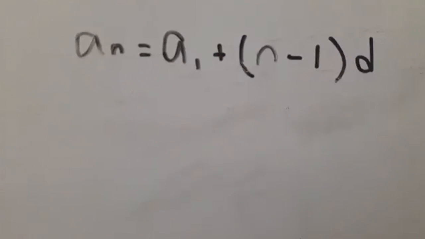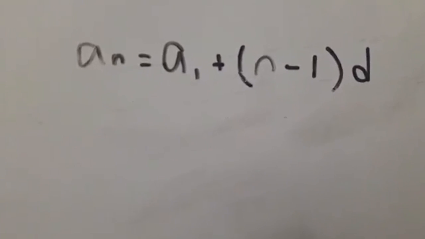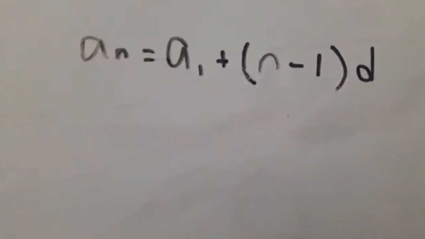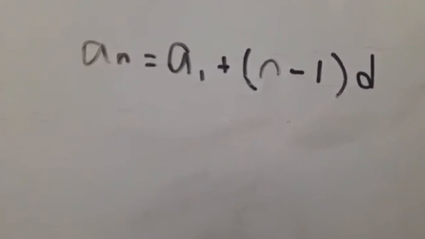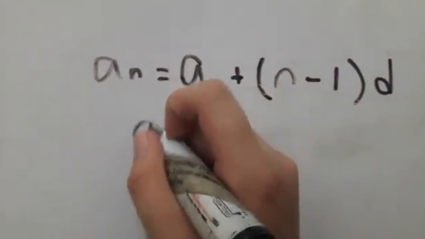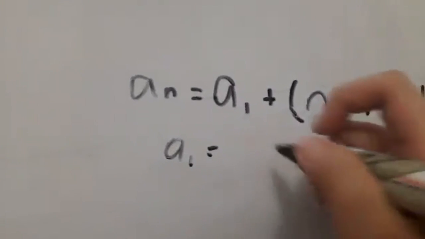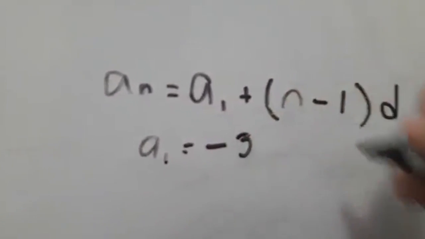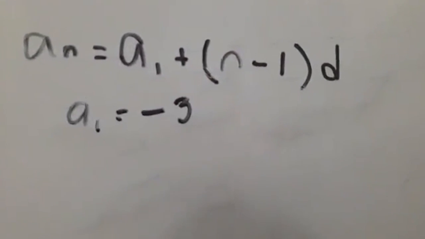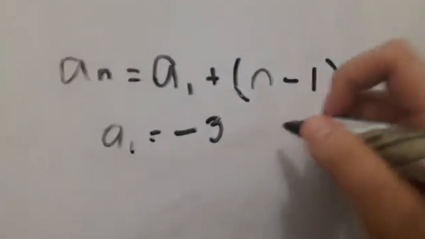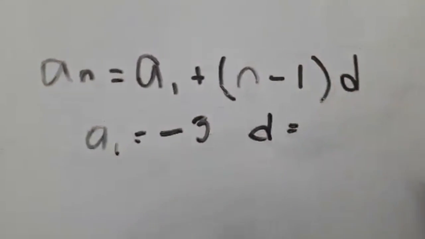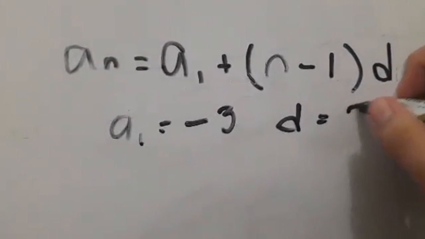The values we have been given are the common difference and the first term. It says here that the first term, or a1, is negative 3. And it says that the common difference, or d, is 2.